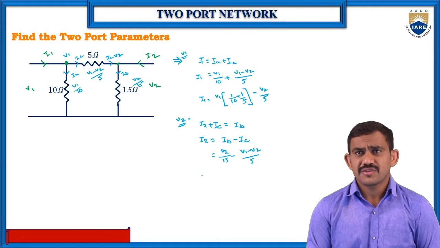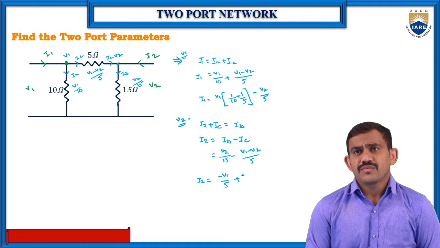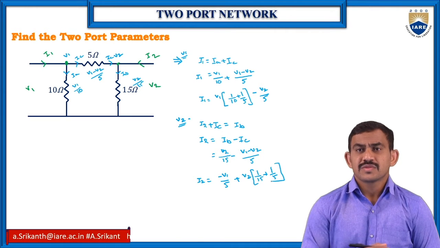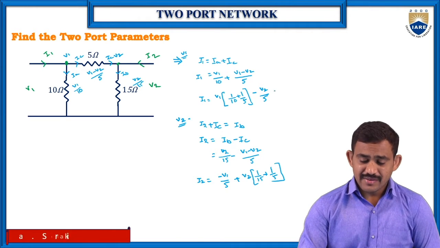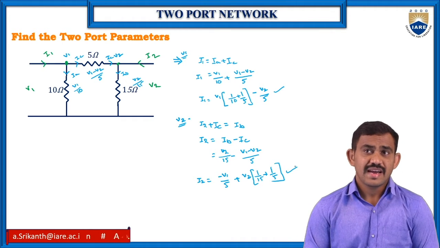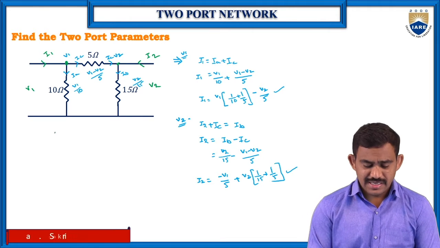Then if you solve this equation, I2 in form of minus V1 by 5 plus V2 times, taking common, 1 by 15 plus 1 by 5. So this is your I1 equation and I2 equation in form of V1 and V2. Clear? Now just write those equations here clearly.